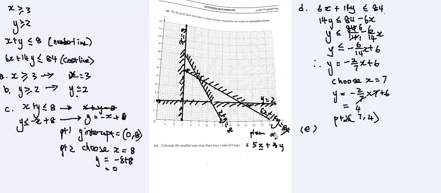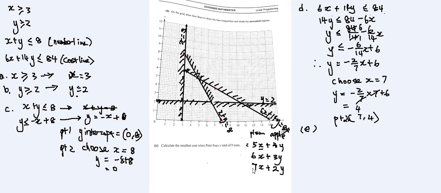X is palm, cheaper, and this is apple. There's no such thing as 5 1/2 trees or 4 1/4 trees. So you have 5x plus 4y, or 6x plus 3y, or 7x plus 2y. As x increases, because the palm tree is cheaper, the cost will decrease.